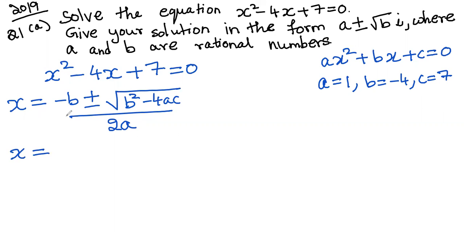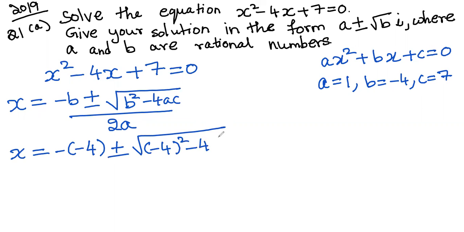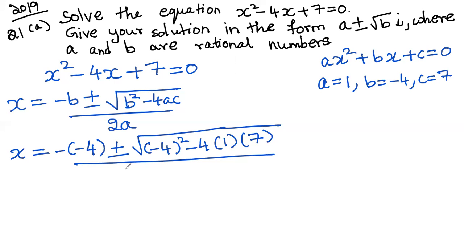We have minus b, so it's negative of negative 4 because b is negative 4, plus or minus the square root of negative 4 squared minus 4 times a, which is 1, times c, which is 7, over 2a.